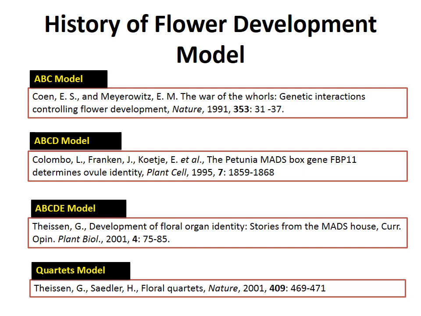They gave the Petunia MADS-box gene FBP11 determines ovule identity. This was published in Plant Cell. Then the ABCDE model was given by Theissen, Development of floral organ identity: stories from the MADS house, published in Current Opinion in Plant Biology in 2001. And finally, the quartet model was given by Theissen in Nature in 2001.